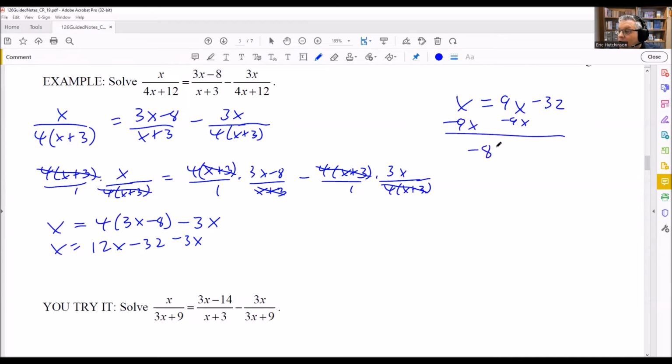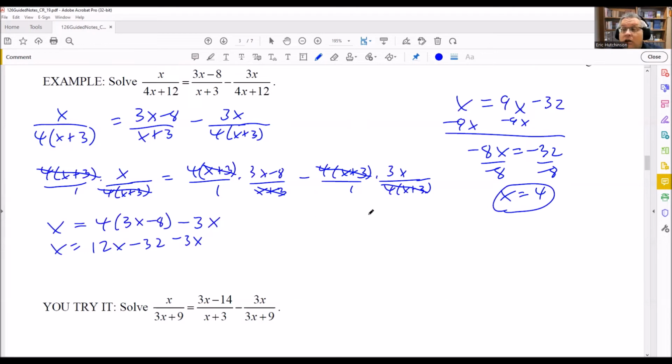And we get negative 8x equals negative 32. We'll divide both sides by negative 8. And we're going to get a positive 4 as a result since the negatives cancel here. Now 4 does not cause division by 0, which means this will be our answer, x equals 4.